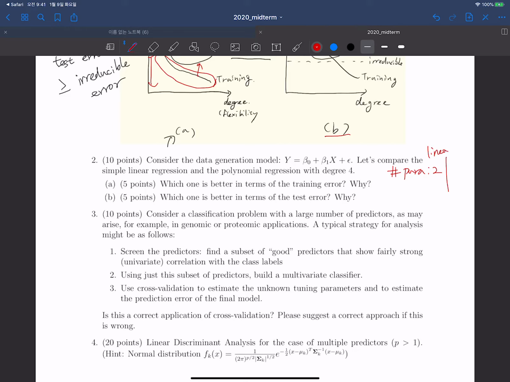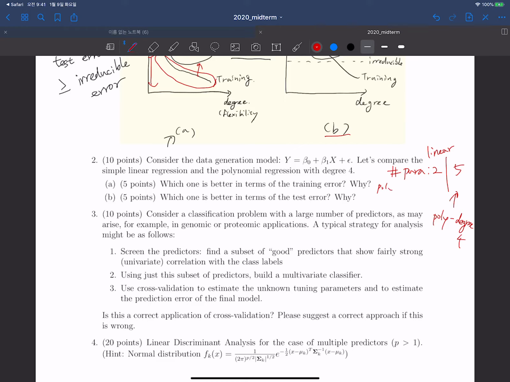But when you use polynomial regression with degree 4, then the number of parameters is 5. Naturally, when you increase the number of parameters, you can expect a better training error, right? So in terms of the training error, the polynomial regression is better than the simple linear regression.